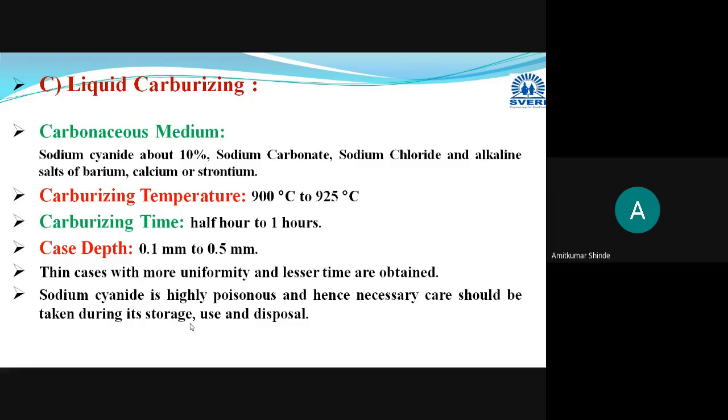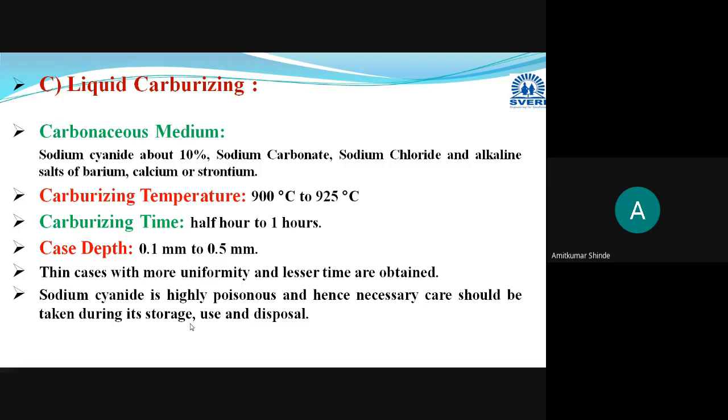Then the remaining amount will be a mixture of sodium carbonate, sodium chloride, and some elements like barium, calcium, or strontium. These are elements added just to accelerate the process.